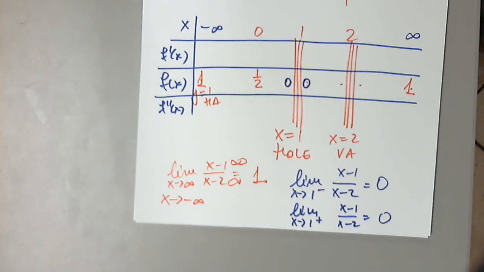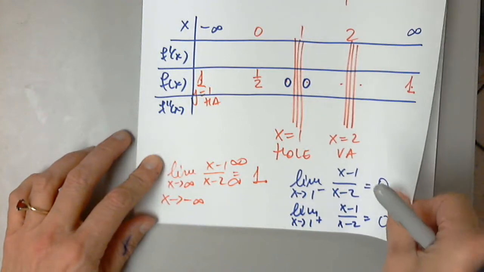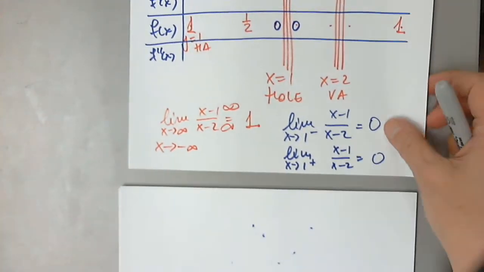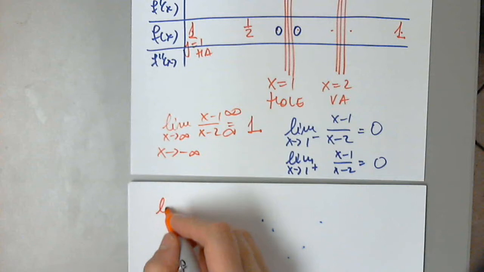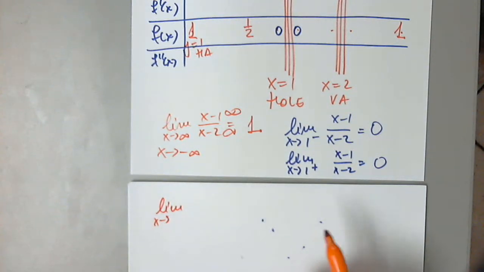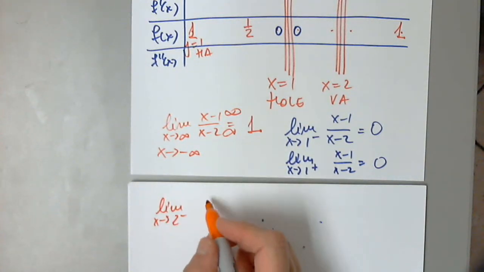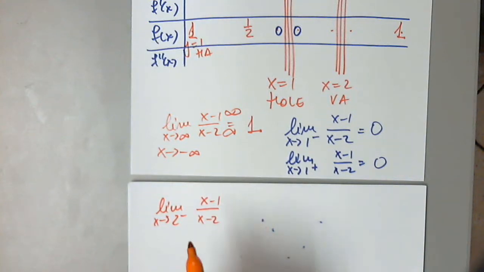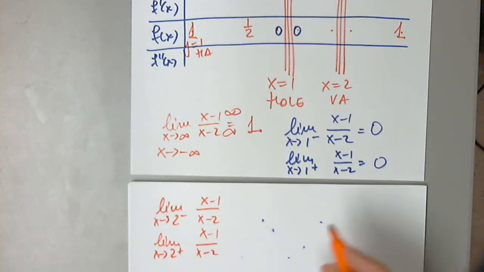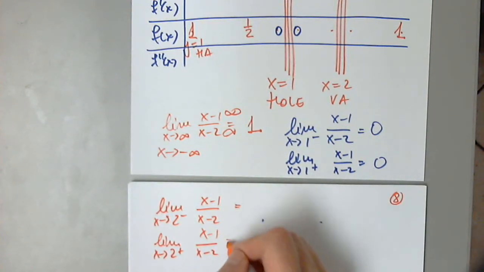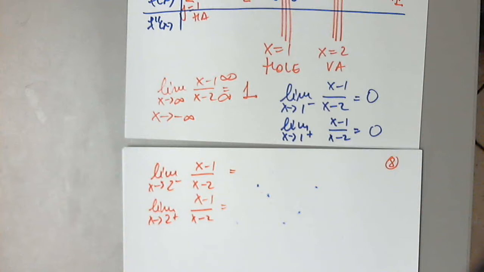And now the last two limits before we look at the first derivative. The limit as x approaches 2 from the left of (x minus 1) over (x minus 2), and the limit as x approaches 2 from the right of (x minus 1) over (x minus 2). We know the answer. It has to be an infinity, one or the other. So the numerator will be positive in both cases.